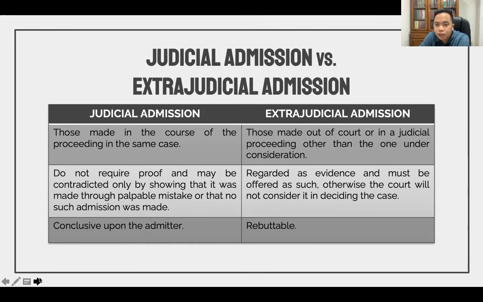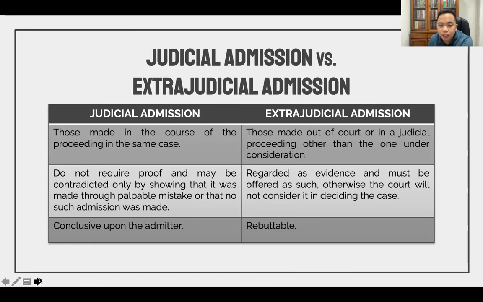Extrajudicial admission, on the other hand, is those made out of court, or if made in a court, in a different proceeding other than the one under consideration. Judicial admission does not require proof and may be contradicted only by showing that it was made through palpable mistake or that no such admission was made.